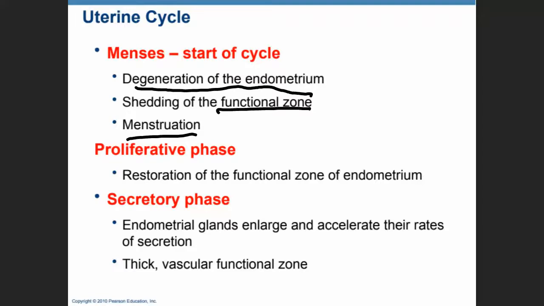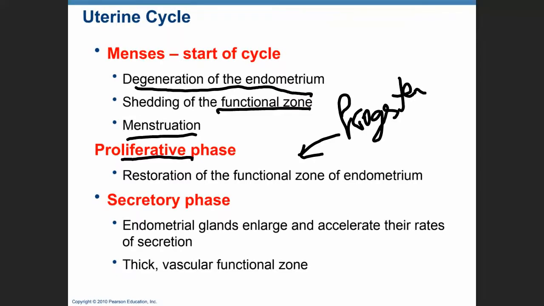Following this phase, we go into the proliferative phase, and this is stimulated by estrogen, which is being secreted by the follicular cells in the ovaries.